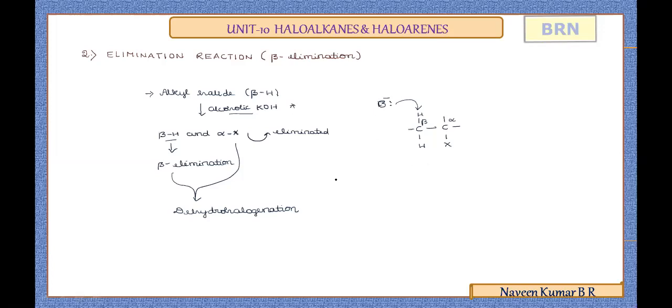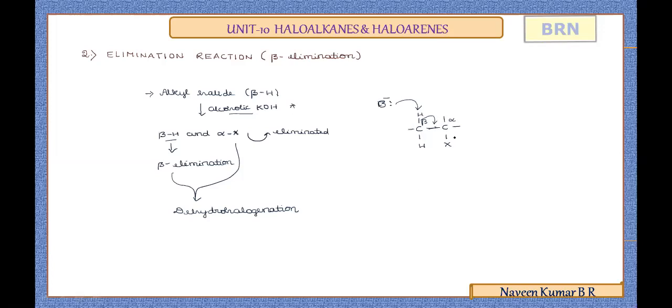As it is attracted, the C-H sigma bond electrons will be transferred to the carbon-carbon single bond and will be responsible for the formation of a pi bond.